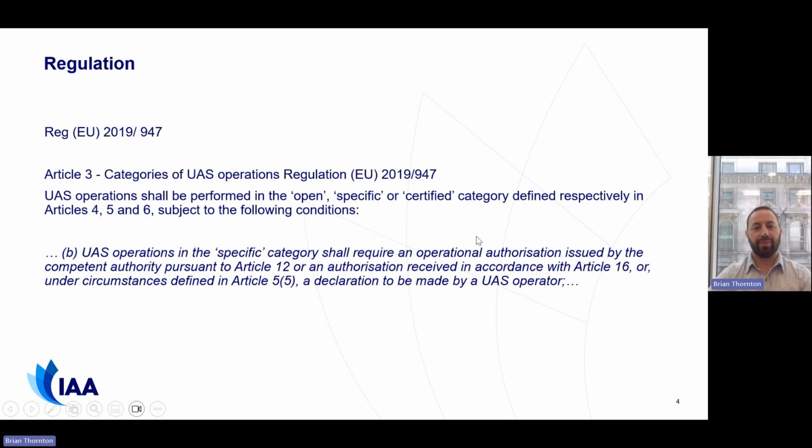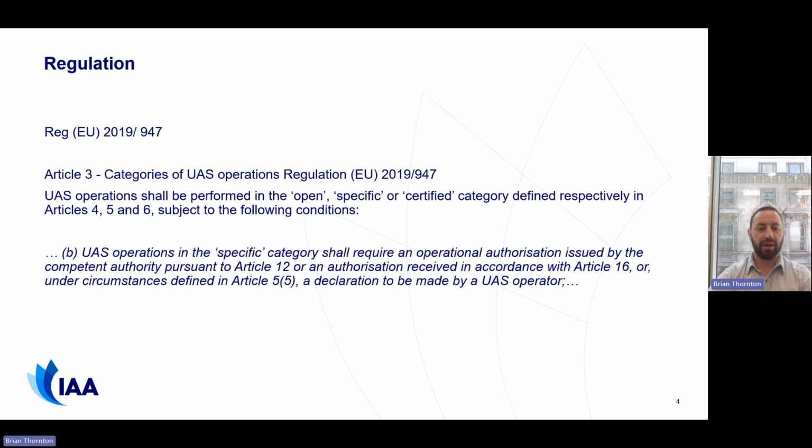As always, with aviation in general, we go back to the base regulation and what regulation applies. In this instance, with regards to operations in the specific category, we talk about Article 3 of EU Regulation 2019-947, and the categories of UAS operations that apply to the regulation.